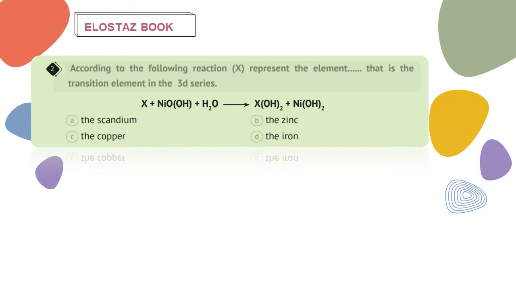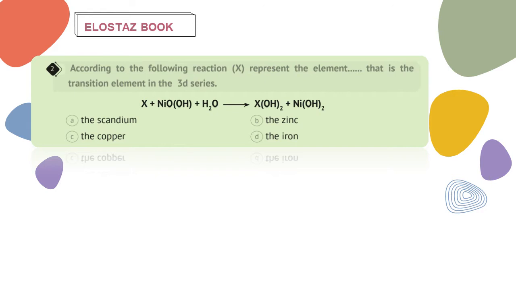If we discuss this one, we want an element whose oxidation number from the compound X(OH)2 will be plus 2. This means the oxidation number will be plus 2.